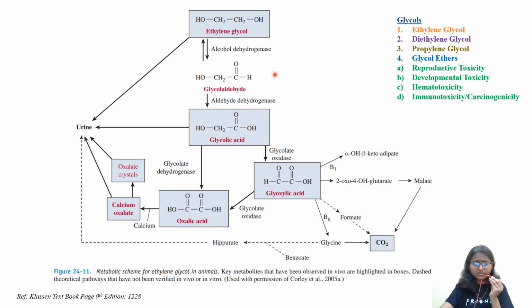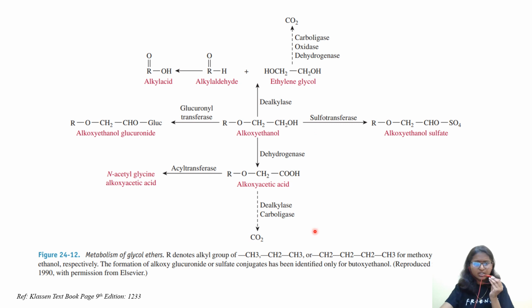Apart from this, you also read under that chapter, I think under the solvent chapter, about ethylene glycol, diethylene glycol, propylene glycol, glycol ethers, how they cause reproductive toxicity, developmental toxicity, hematotoxicity, immunotoxicity as well as carcinogenicity. I also included another picture from Klaassen, page 1233, metabolism of glycol ethers.